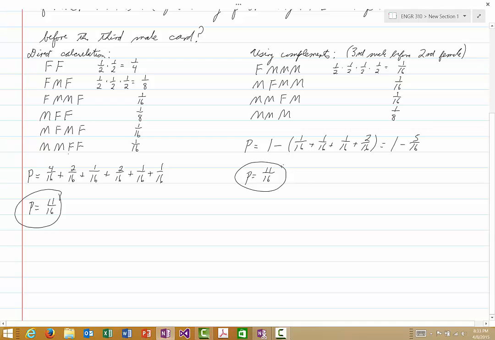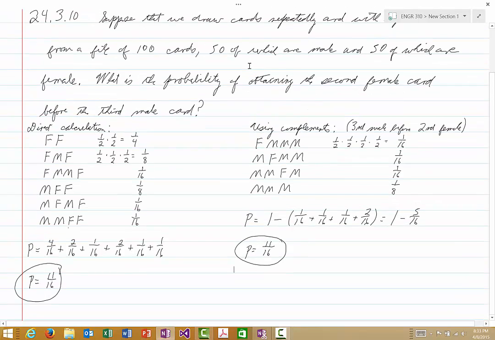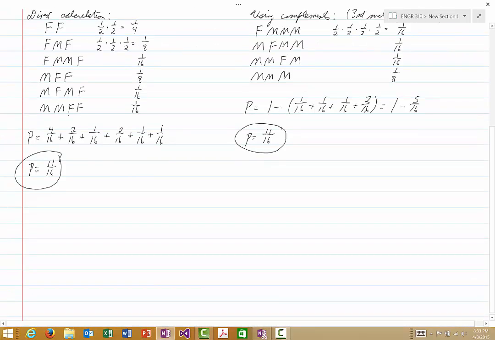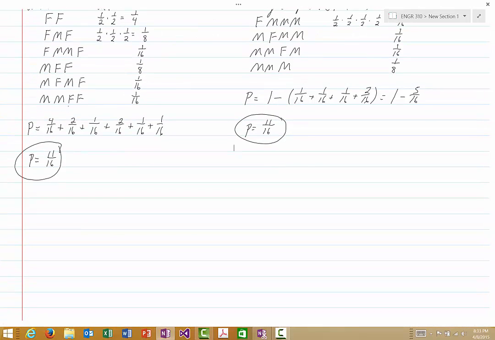So indeed we have arrived at the same answer through the direct calculation and through using complements. And that's how we could solve a problem like this, 24.3.10, which is rather different from any of the previous problems we've solved.